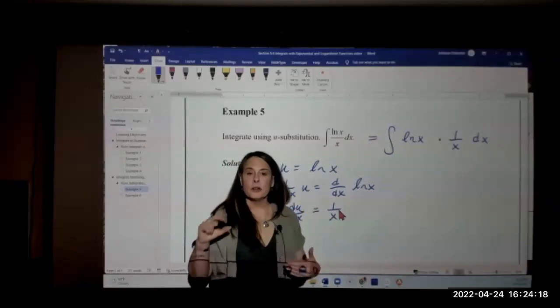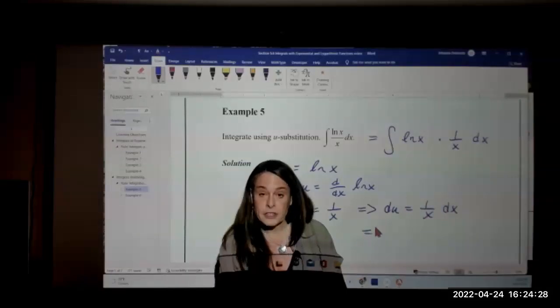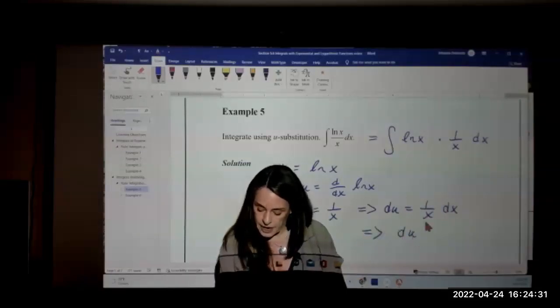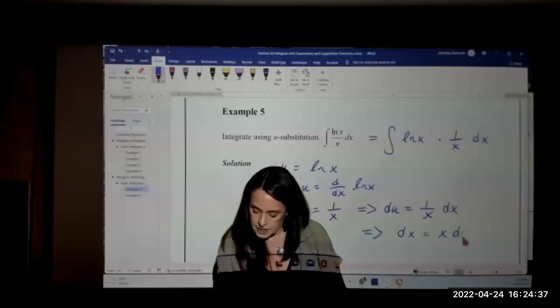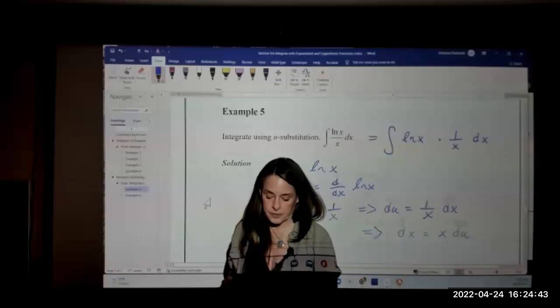Then we abuse the notation by pushing the dx over to the right side to get du is equal to 1 over x dx. Then we can solve this for dx by swinging the x to the other side, and that gives us dx is equal to x du. Now we can make a substitution into the original integral that you see up here.